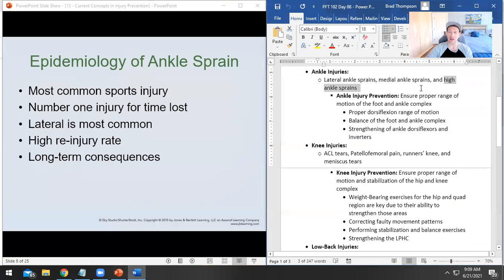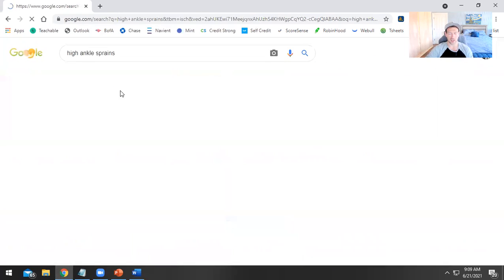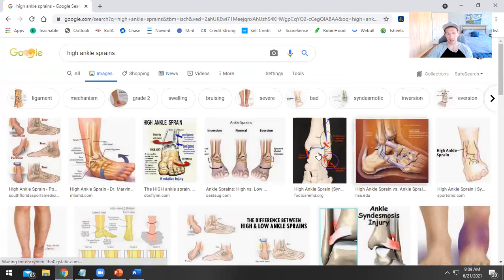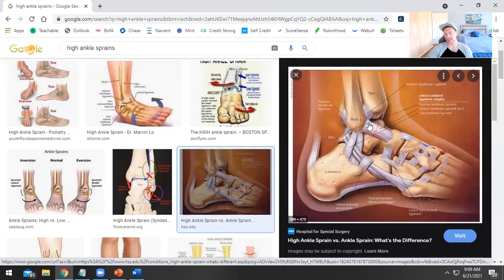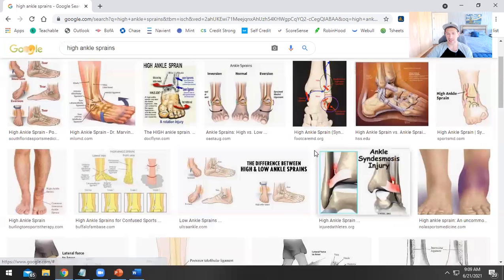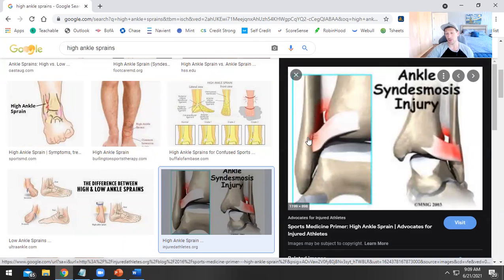And then there are also high ankle sprains, and high ankle sprains are arguably the most problematic. That can also happen, and that's going to occur way up here. Like I said, that's either going to be your ATL, or it could even be where your tibia is connected, or it can be in the ligaments that are attaching your fibula to your tibia.